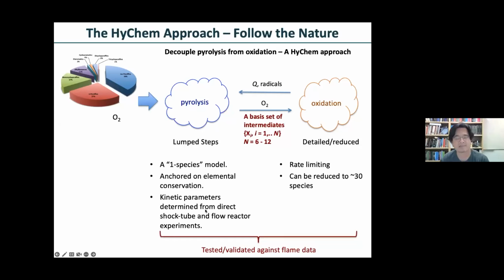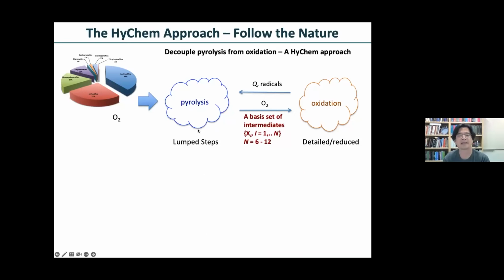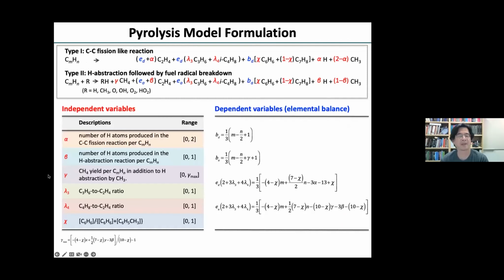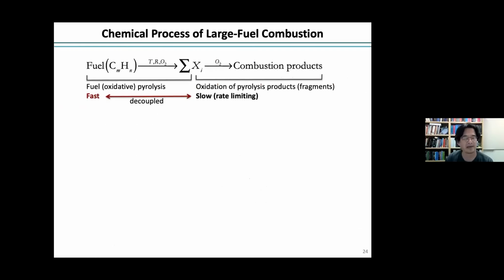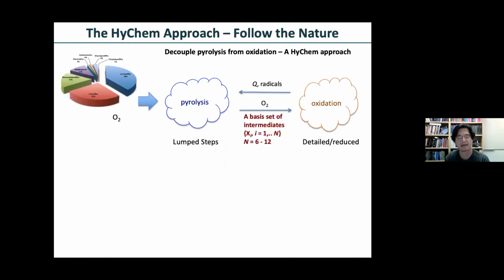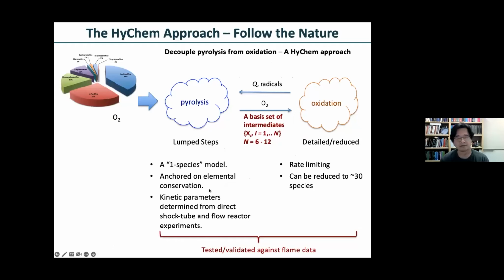So we use experimentally measured species profiles to invert the problem and determine the kinetic model parameters. And those are what I showed you earlier. We have 6 stoichiometric coefficients. And for radicals H, methyl, O, OH, O2, HO2, 6 of them plus 1 more. So we have 7 rate constants and 6 stoichiometric coefficients to determine from experiments. Okay. We do not use flame data or global combustion properties to fix those parameters.